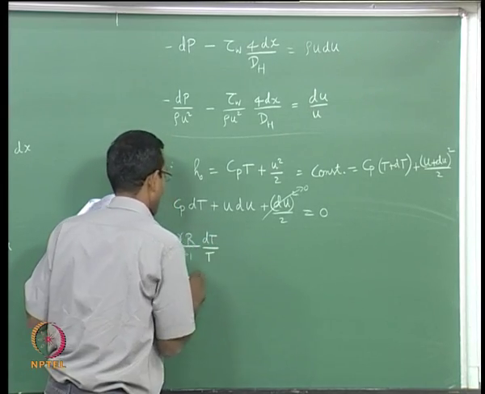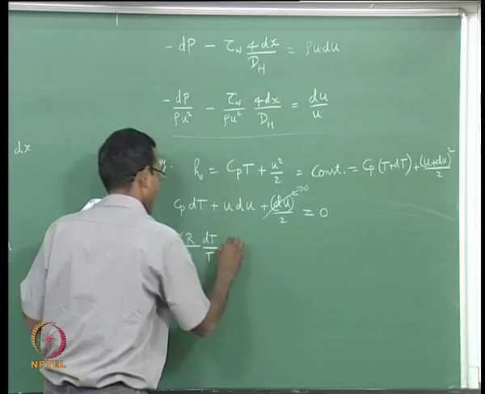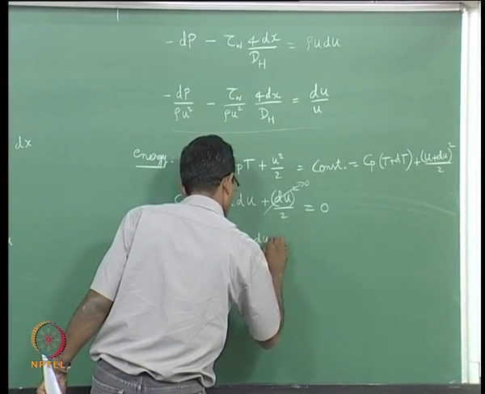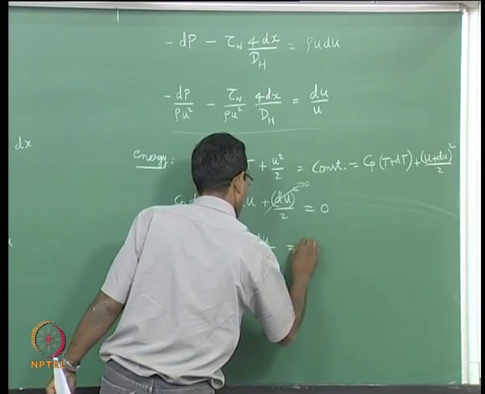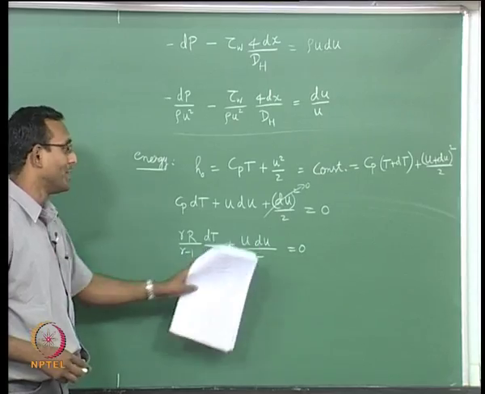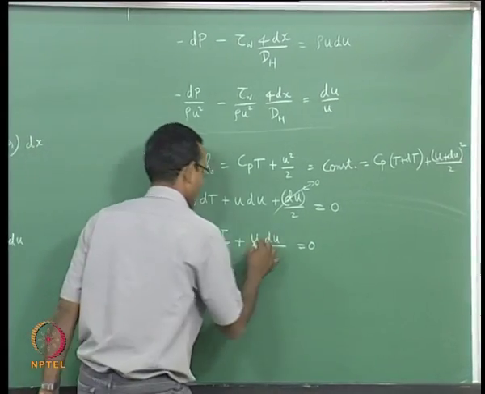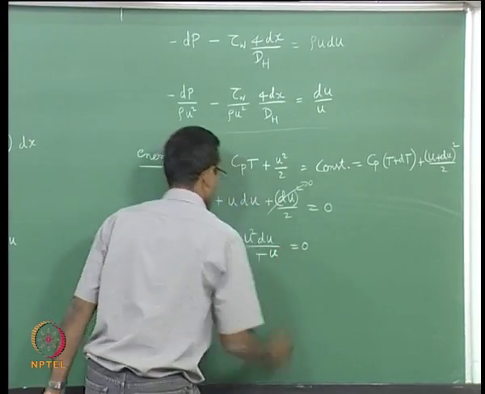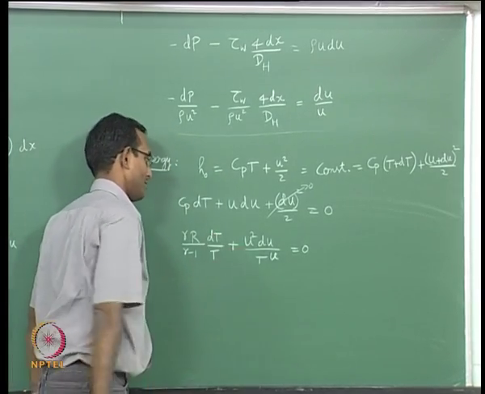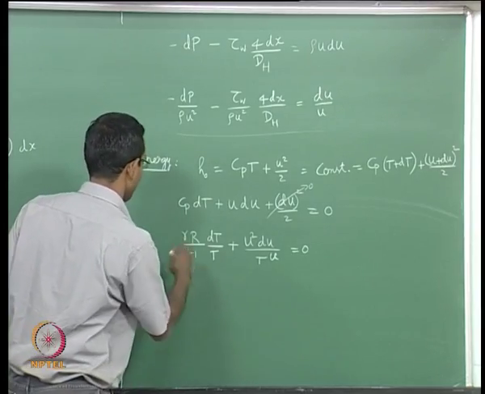I will put a T below now. I have divided this term by T plus, I have this particular form, but I want this to be du by u. So, what will I do? I will put u square and a u at the bottom. Okay, that is same as just u on the top. Okay, I have this particular form.